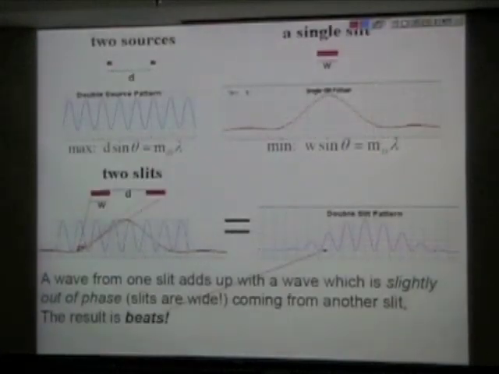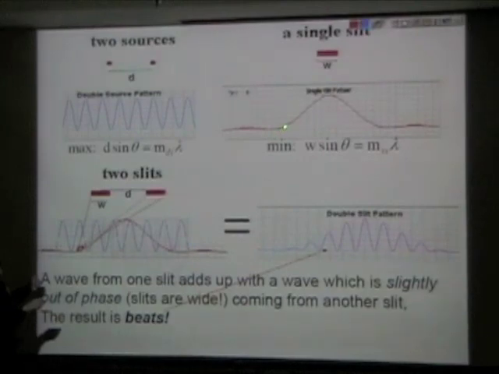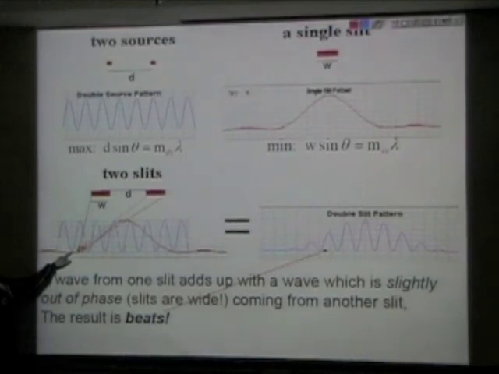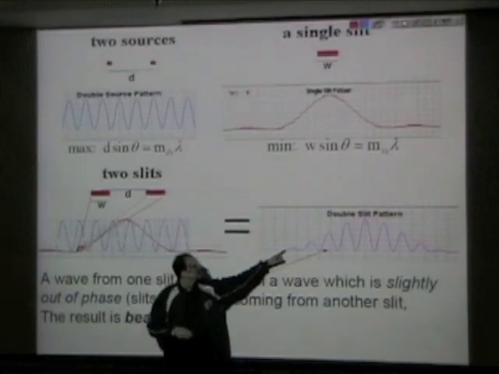What does it remind us of? It reminds us of beats. Sound beats, you know, wow, wow, wow. But now we have beats in space, not in time, because this envelope modulates the double source pattern, and that's what we see. When the minimum of the single slit pattern coincides with the maximum of a double source pattern, we get a missing maximum.